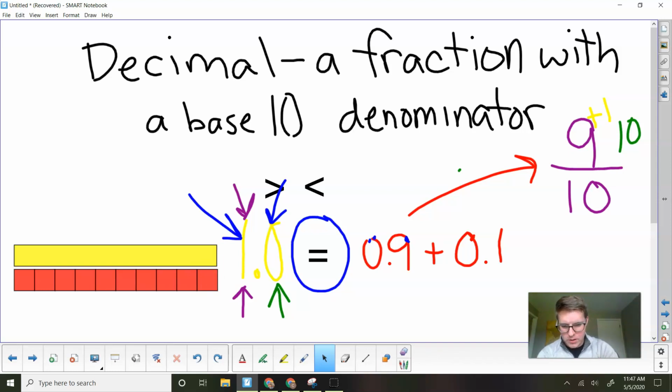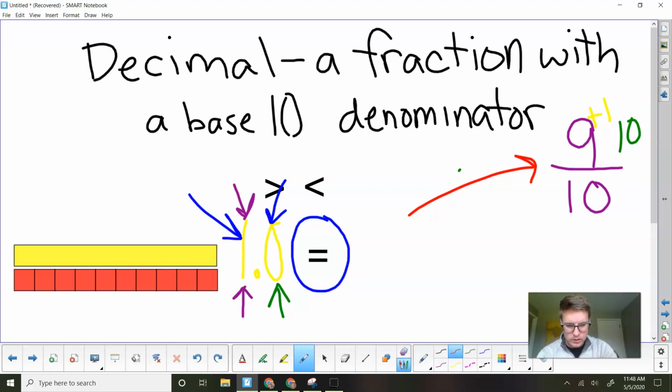So let me change here. 0.9, I'm going to erase it, plus 0.1 equals 1.0. So now I've got two equal fractions or decimals. All right, so let me clear.